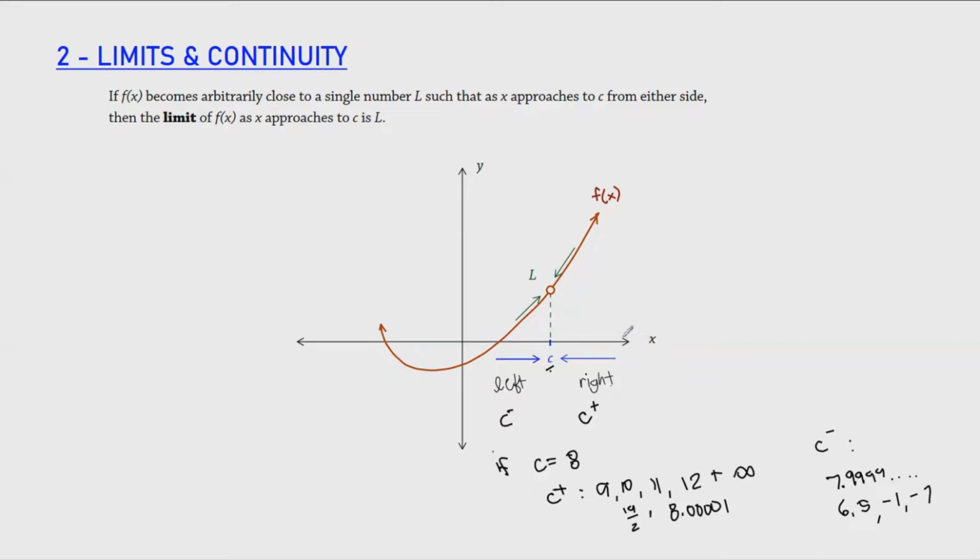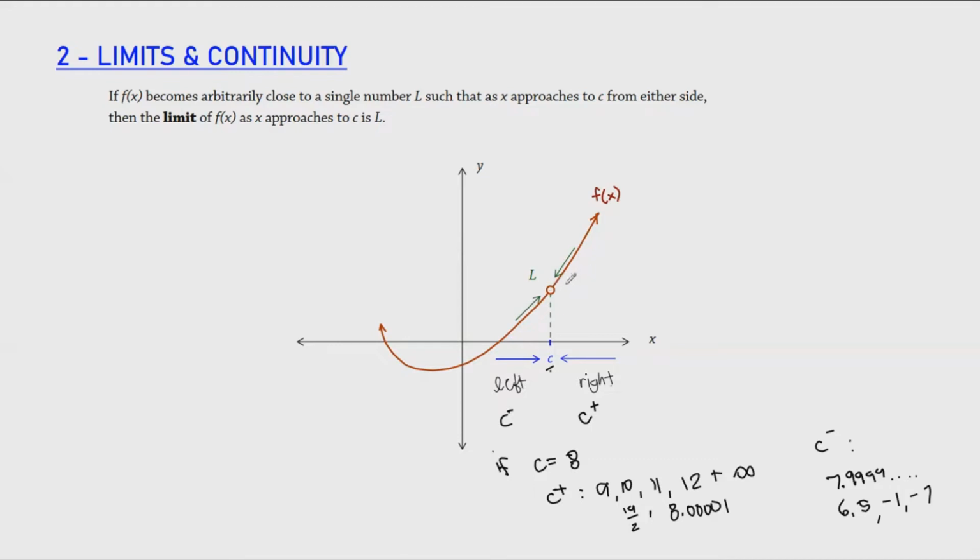So with that, if x approaches from either side, from the right and from the left, and it has the same value for our function, in this case, if it approaches from right to left, it will trace the equation and then it goes downward and then it will have this certain value here. If it approaches from left going to right, then it traces this curve going upwards and then it will have the same value.